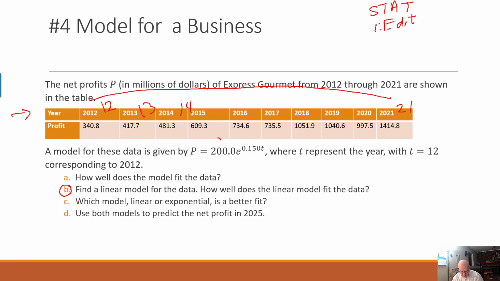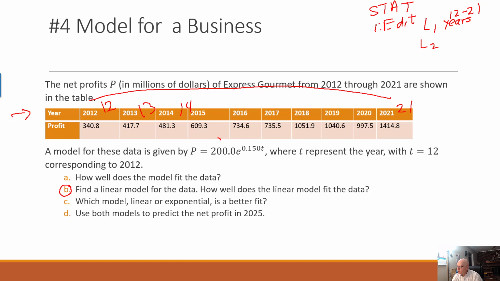So you can just hit number 1. And what you need to do is put the years as 12, 13, 14, all the way up to 21 in L1. That's the first list on the left. When you've got that finished, move over to L2.